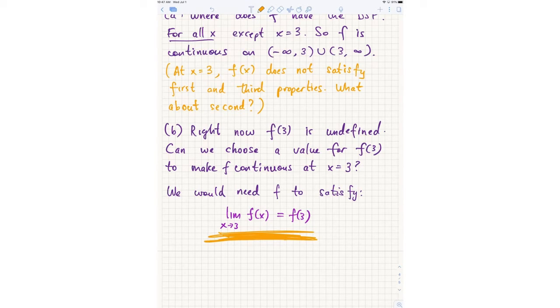Now, f of 3 right now is undefined. So this equation tells us exactly what f of 3 has to be to make the function continuous. It says f of 3 has to be whatever this number on the left-hand side is, if it exists. So the left-hand side tells us what the new value of f of 3 should be.